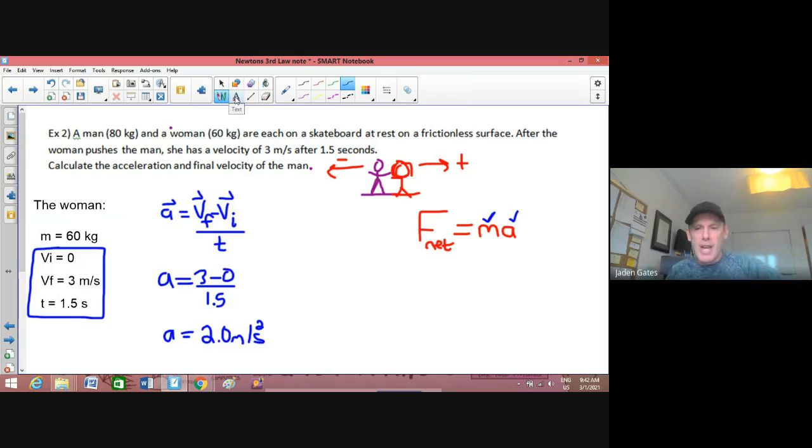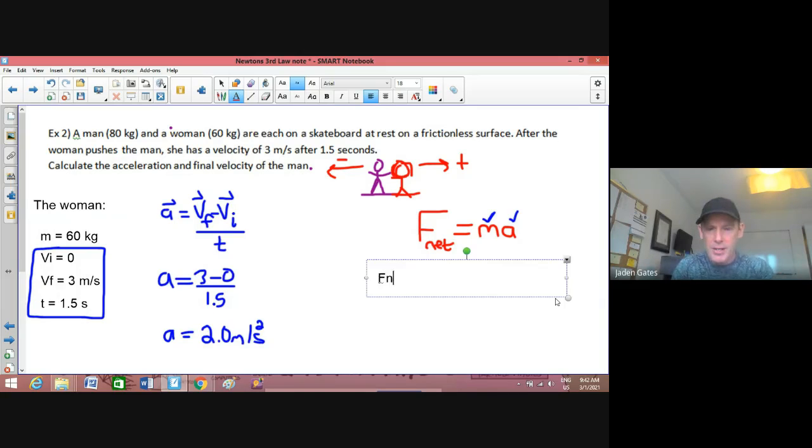Now, because I have her acceleration, I can find the net force that the man applied to her because of Newton's law, because of the result that she applied to him. He's the reaction force. So I've got F net equal, her mass was 60 kilograms, so we'll put a 60 in there. Her acceleration is 2.